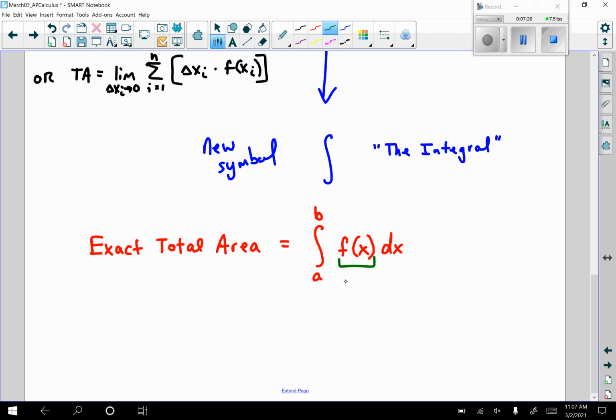So again, f of x is the height of each rectangle, and dx is the width of the base, which is delta x.